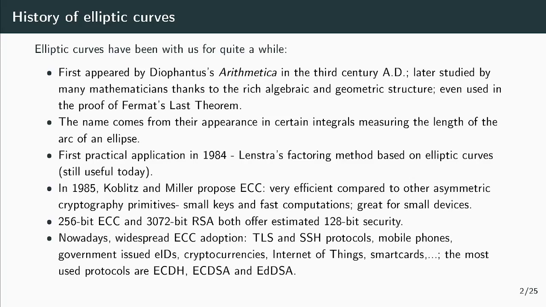It's used by the TLS and SSH protocols, which form the secure backbone of the internet, but also in our mobile phones, electronic documents issued by the government, cryptocurrencies, IoT, smart cards, and so on. Some of the most used protocols are ECDH, meaning elliptic curve Diffie-Hellman, ECDSA, elliptic curve digital signature algorithm, and EdDSA, Edwards digital signature algorithm.